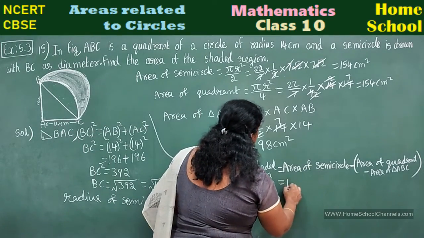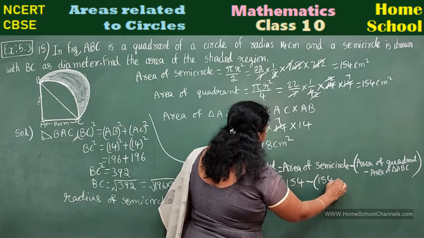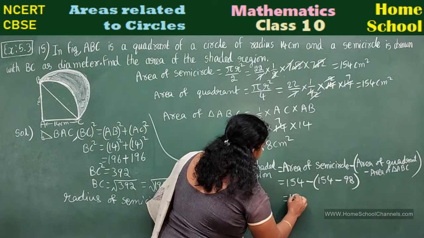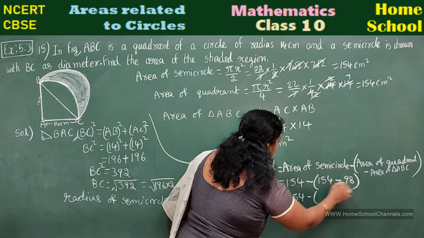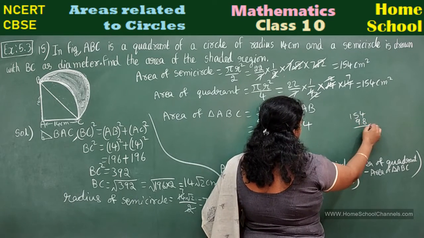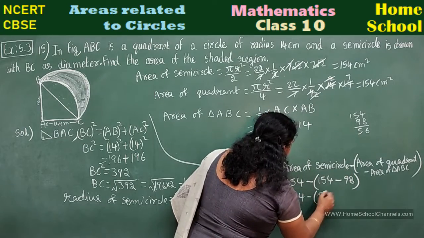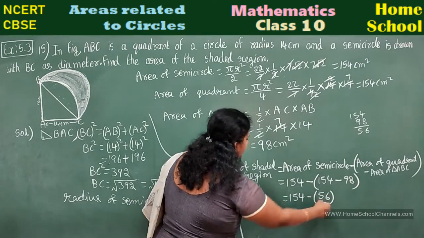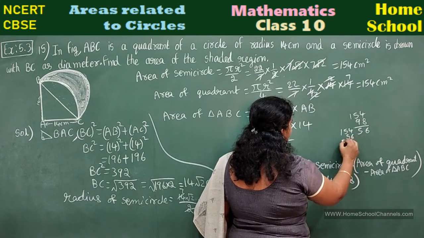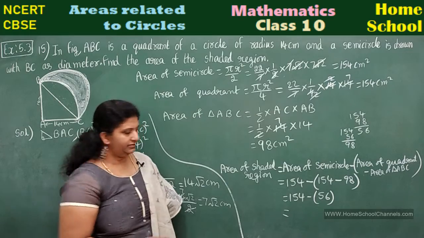Now substitute all these three in this formula. Area of semicircle 154 minus, in brackets, 154 minus 98. Now first subtract what you have in the brackets. 154 minus 98 will be 56. 154 minus 56 will be 98.